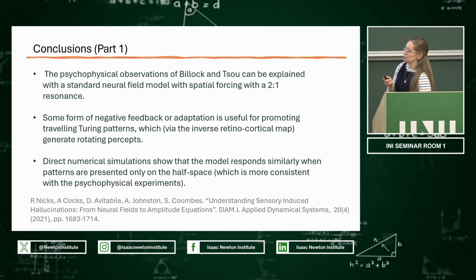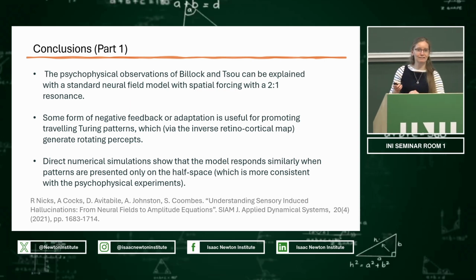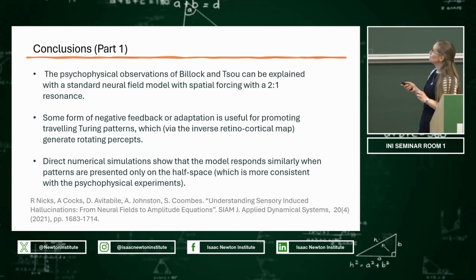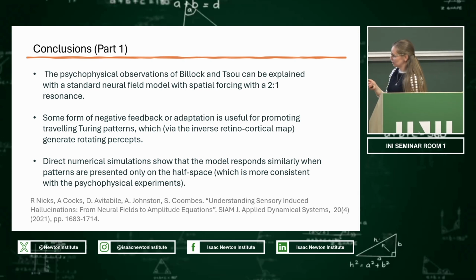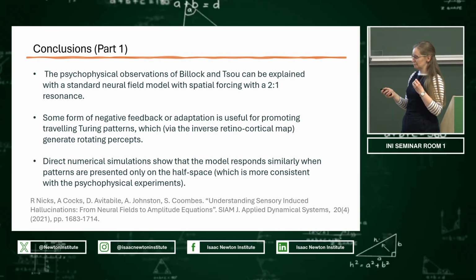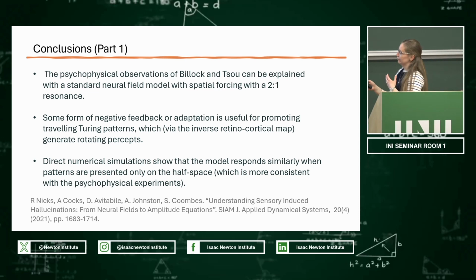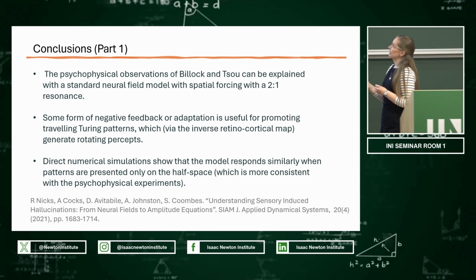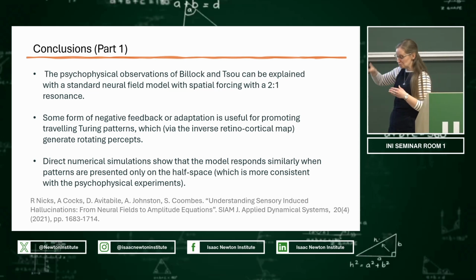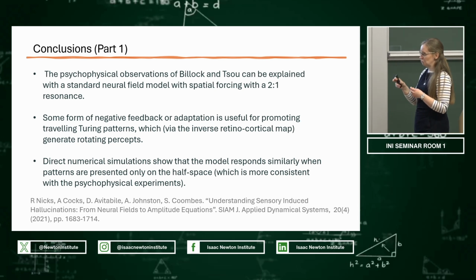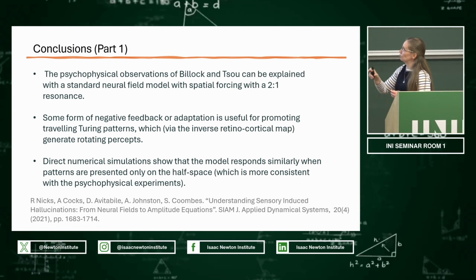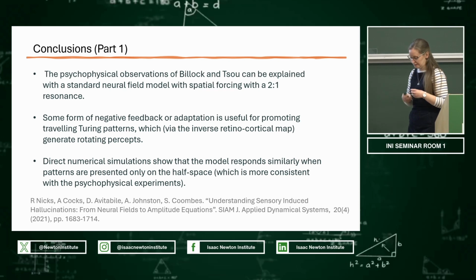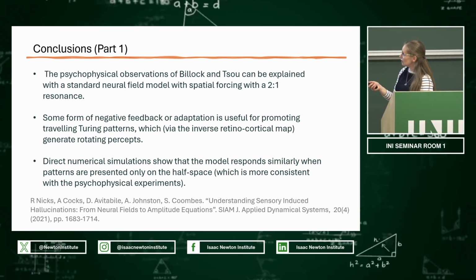So, conclusions of part 1, just about on time: the psychophysical experiments that Billock and Tsou did, showing this orthogonal response, can be explained with a very simple neural field model with a 2-to-1 resonance between the spatial forcing and the natural pattern that the system wants to form.